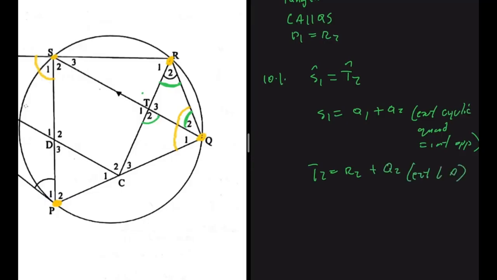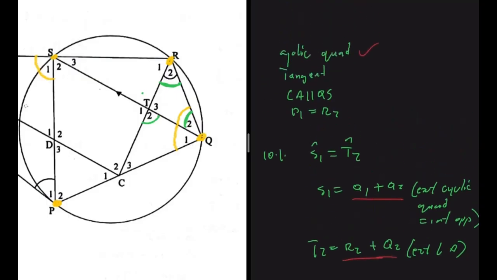From here, where do we go? We can see that S1 is equal to Q1 plus Q2 and T2 is equal to R2 plus Q2. Let's go to our next keyword. We have the keyword tangent, right? Let's see what it can give us.